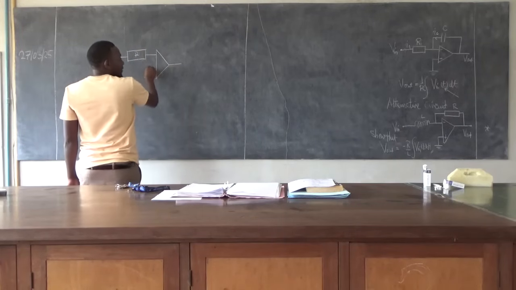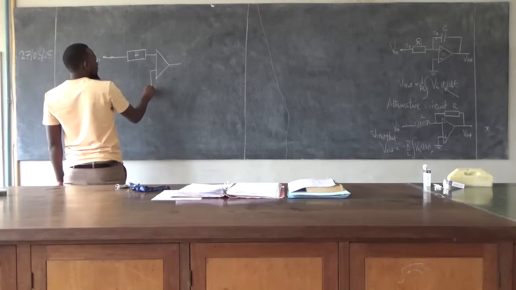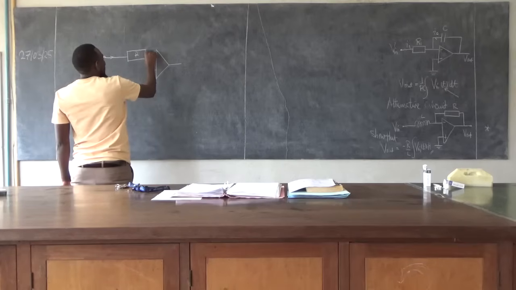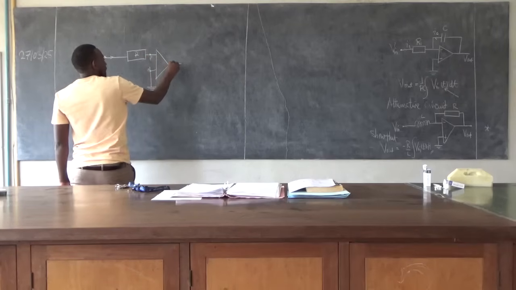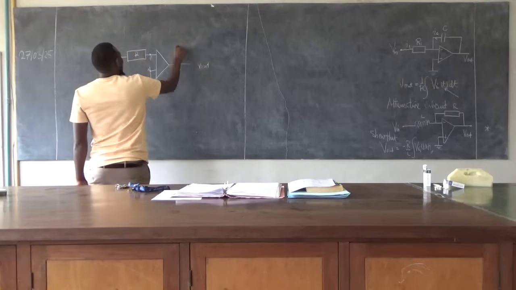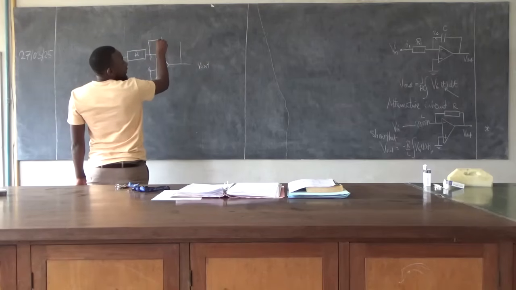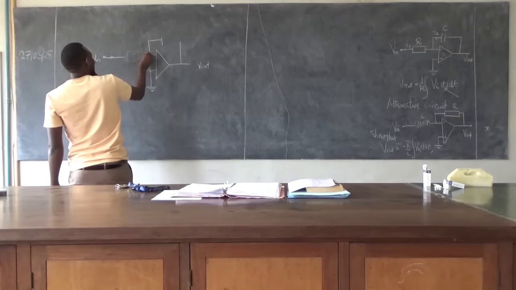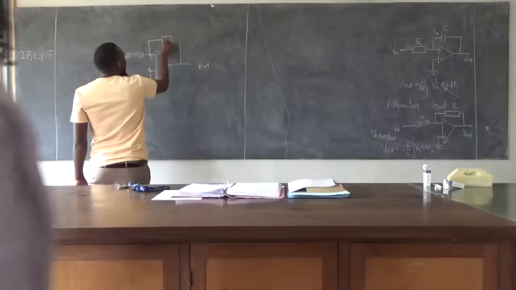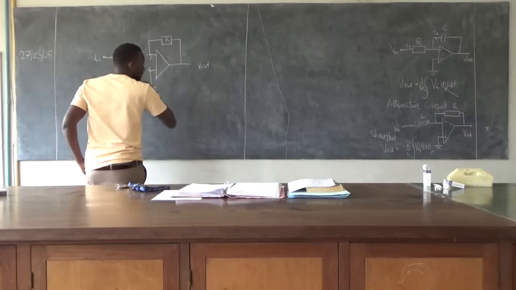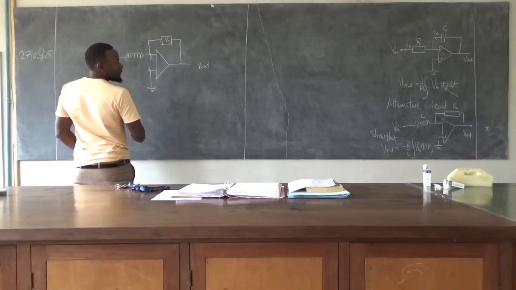Then we ground there. And we say this is the end. Then here we have the key. Then here we have the voltage out. Then we can have this one is an inductor. Now the capacitor, the resistor is there. Then here we shall have some.